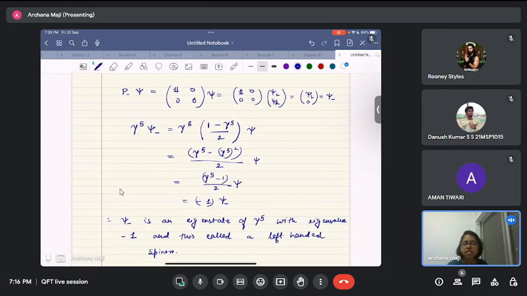Okay, let me pause and ask if there are any questions. So this is all I wanted to talk about regarding the chirality operator and the left-handed and right-handed spinors in general.